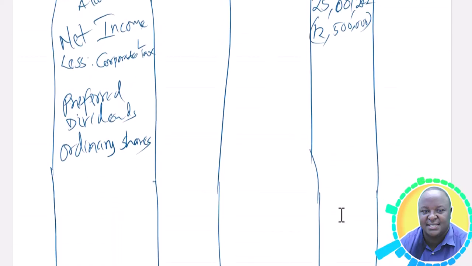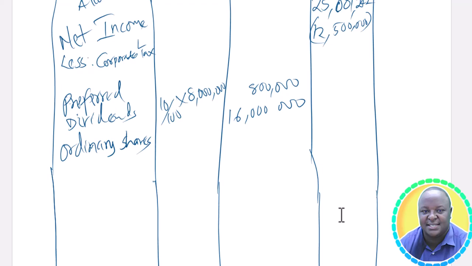We'll have the preferred dividends 10% times 8 million, which will be 800,000. Then of course the ordinary shareholders' was 16 million. Is it 16 million or 1 million still?